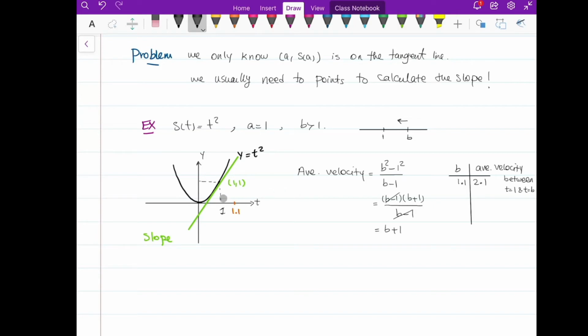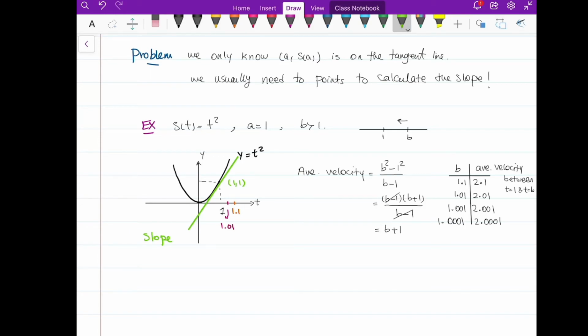Now let's get closer. I'm going to change to some point in here, which is 1.01. Okay, so 1.01, calculate the average velocity, it would be 2.01. Now let's get closer to 1.001. Plug it in there, calculate that, you see you get 2.001. If it is even closer, I get this.